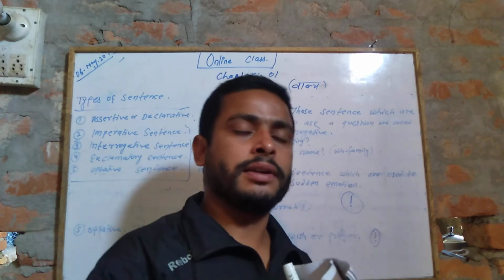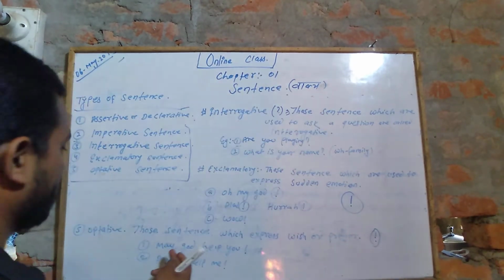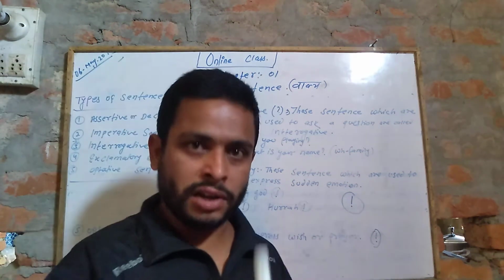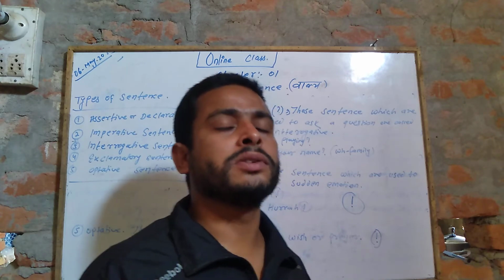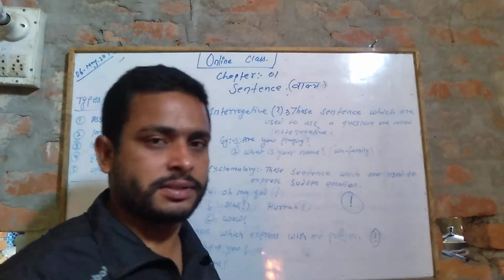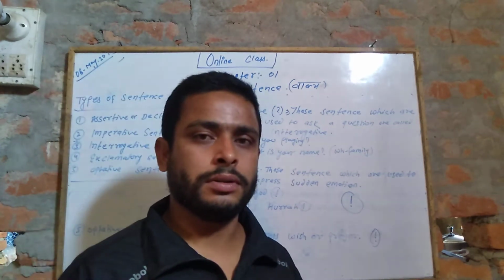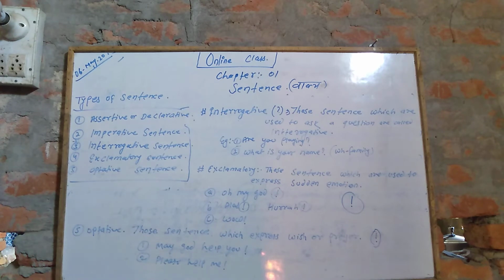Please God help me in the English examination. You can say such a wish. For example, may God help you. Such sentences of prayers and wishes are related to the optative sentence.